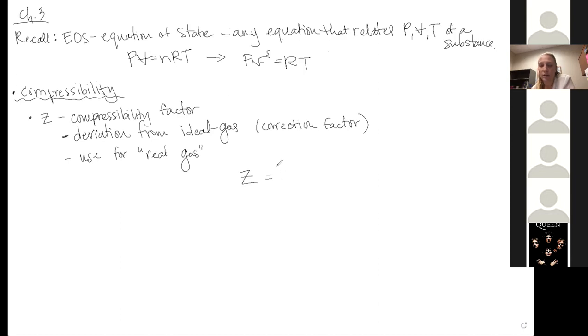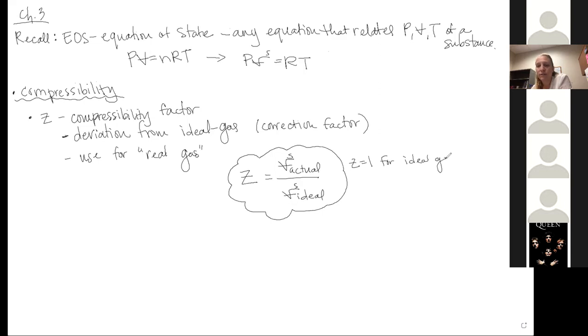And we are also going to be using this equation where our specific volume actual over our specific volume ideal. And as you can see here, Z is equal to 1 for an ideal gas. So your correction factor doesn't really happen, right? You don't have to correct for an ideal gas. You have no deviation from ideal. Your actual specific volume is your ideal specific volume.